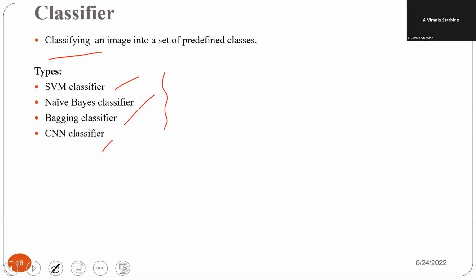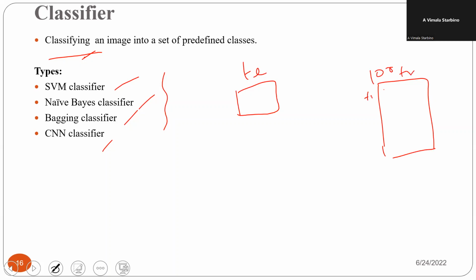So how this classification happens: I give a test image, and here I have, for example, hundreds of training images, TR1, TR2, TR3, and so on up to TR100.